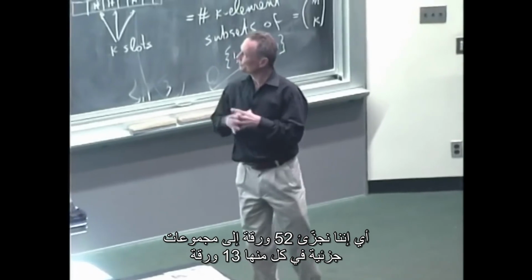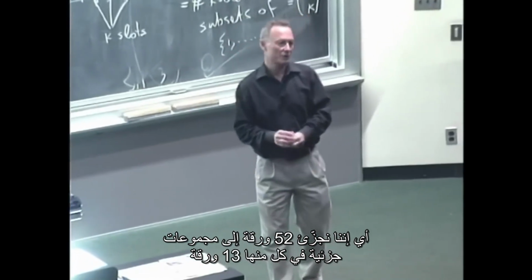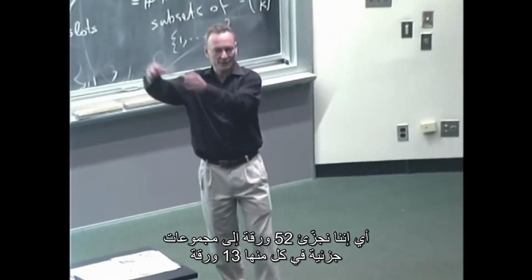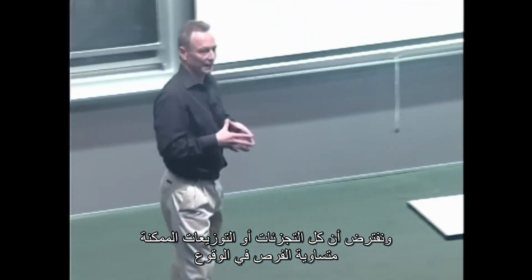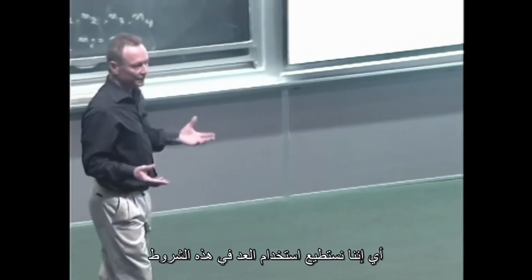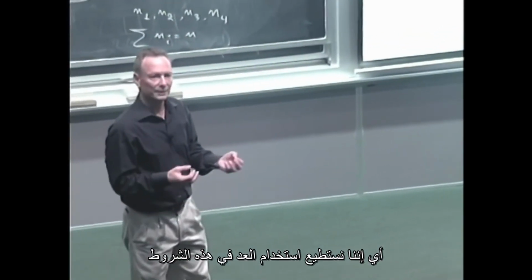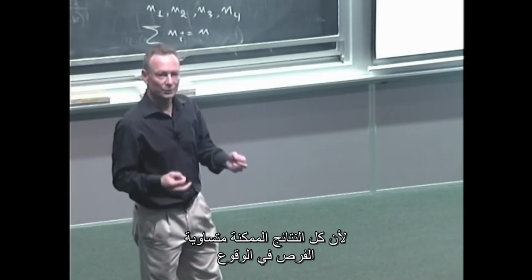So we take the 52 cards and we partition them into subsets of 13, 13, 13, and 13. And we assume that all possible partitions, all possible ways of dealing the cards are equally likely. So we are again in a setting where we can use counting because all the possible outcomes are equally likely.